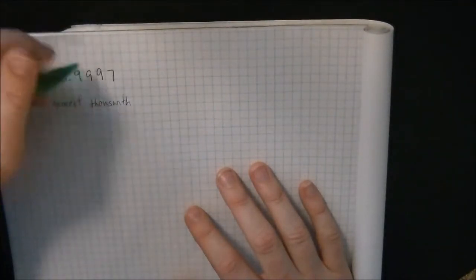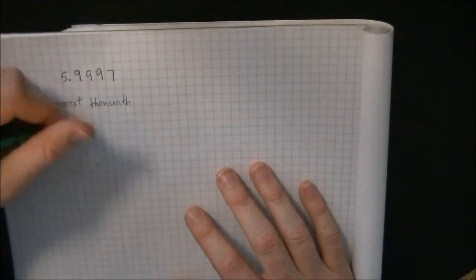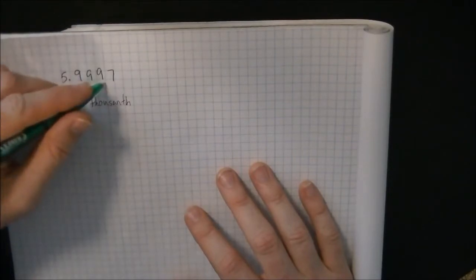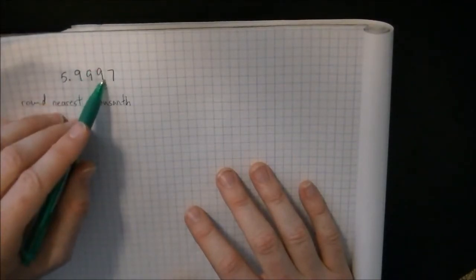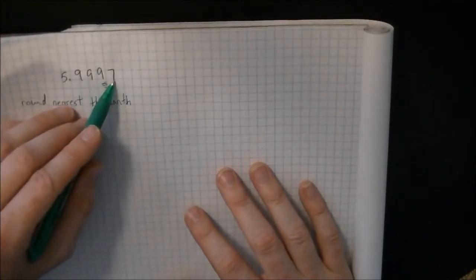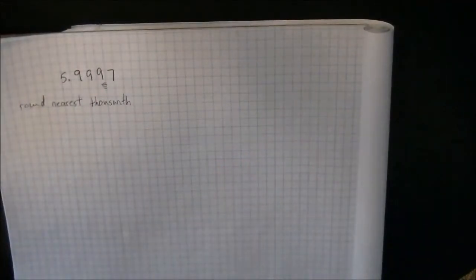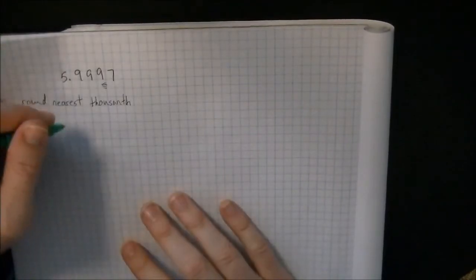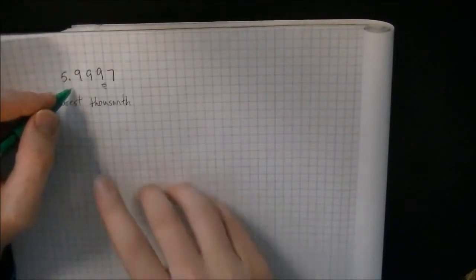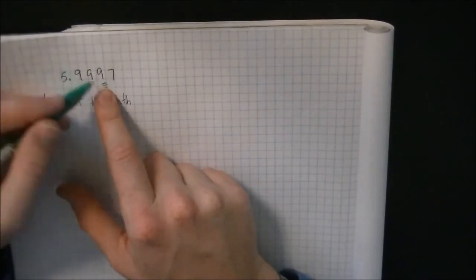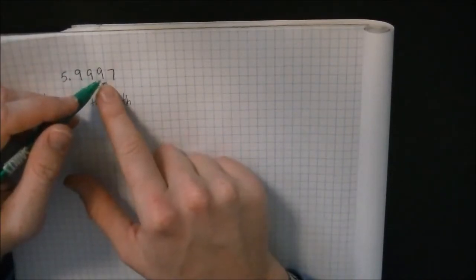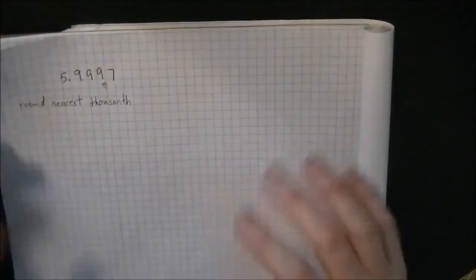So now, rounding to the nearest thousandth, what I'm going to do is I look at the thousandth place, that's the 9 there, and then I look at the next digit. All right, that's more than 5, so I have to round up. So I'm going to take the number that I had before and add 1 to the thousandth digit, because I'm rounding up. So that 9 becomes a 10, but that's not a digit anymore.